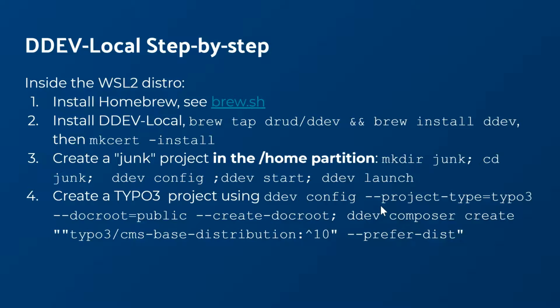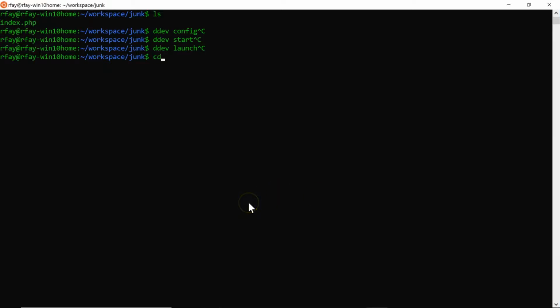But now we're going to do one that's a little more complex. We're going to do a TYPO3 project, and we're going to configure it with flags instead of with the prompted DDEV config, and then we're going to use DDEV Composer Create to create it. So we're basically using the same process, but doing something slightly fancier.